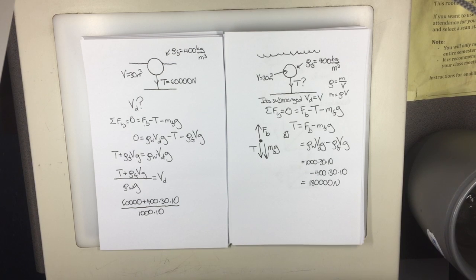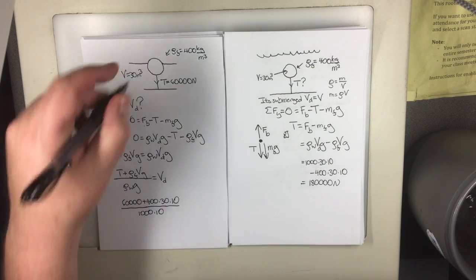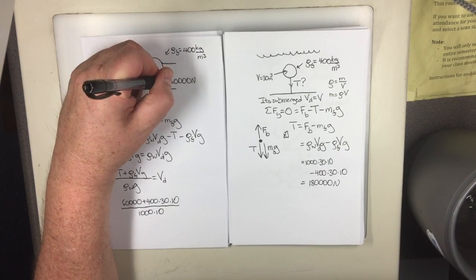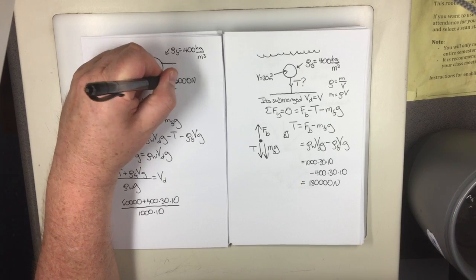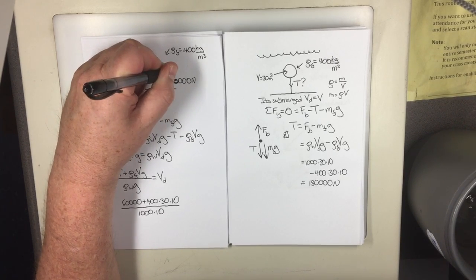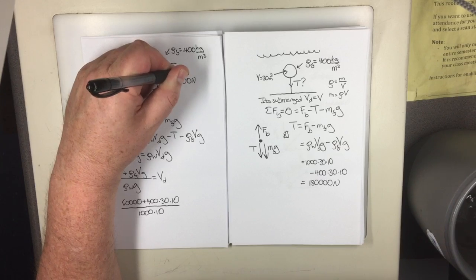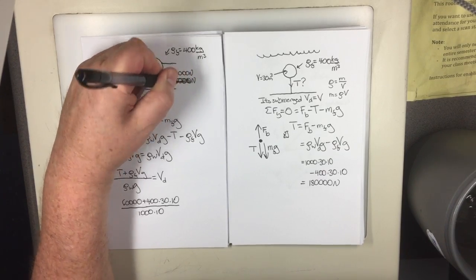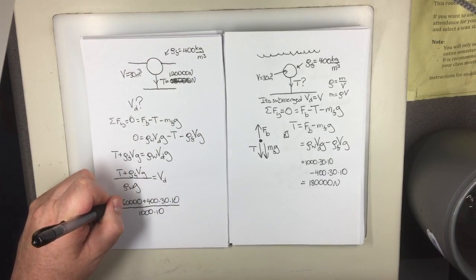Oops. Use the wrong symbol. Oops, and I can't do that. Hold on. I'm going to change that value to 120,000 newtons. So I'm just going to change that number.